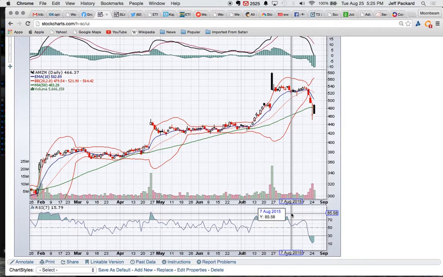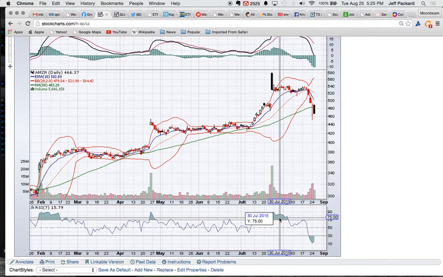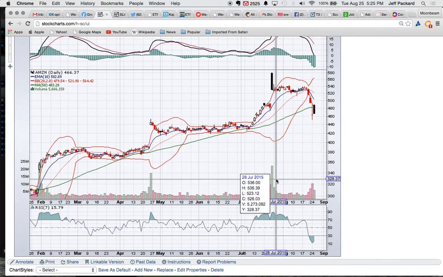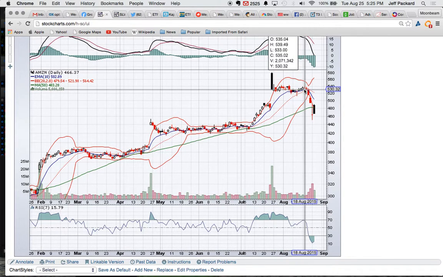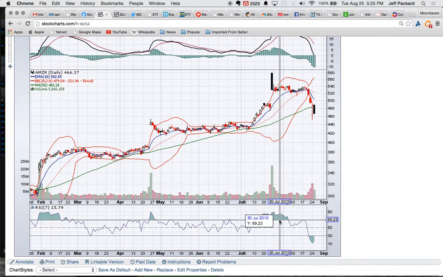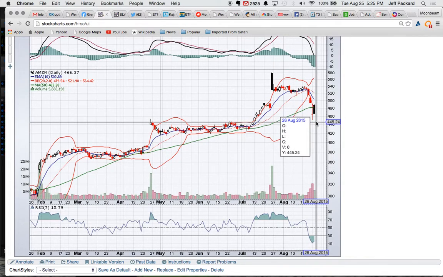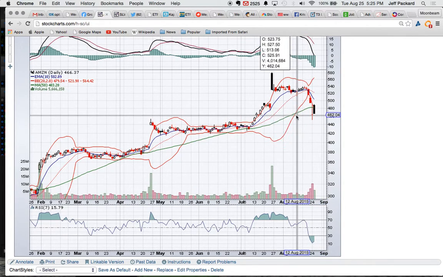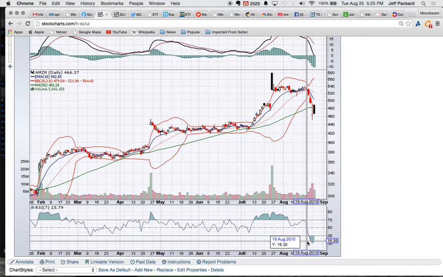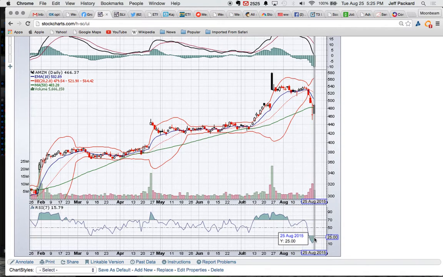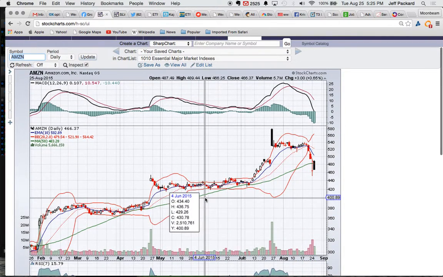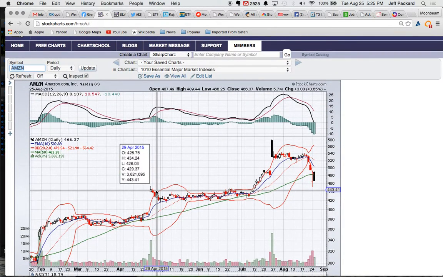And you can see that, boom, I knew it was overbought, so something's going to happen. If the market collapses, this one's going to go down hard. And what happened? Boom, went down, sliced through the 50-day moving average, the green line, and right now, as you can see, it's oversold. That's what it means when it's under 30. So Amazon's a good example.